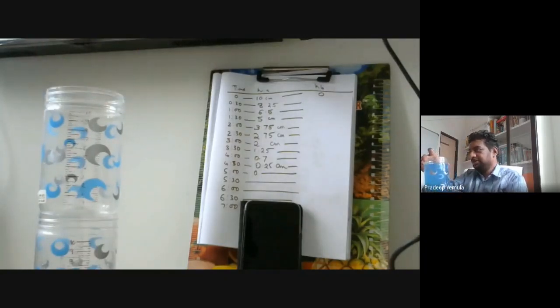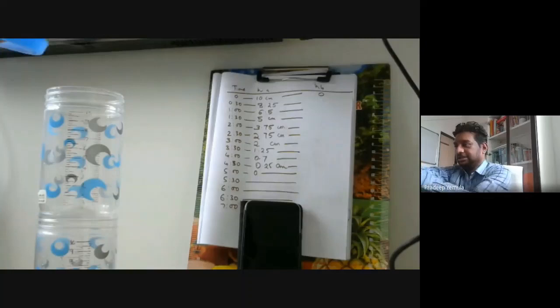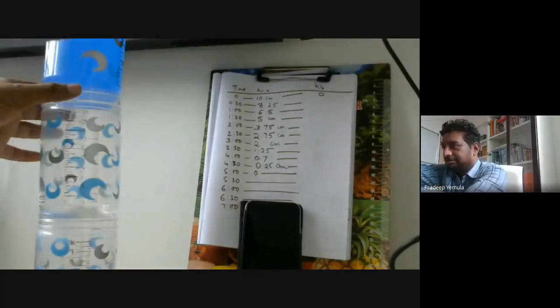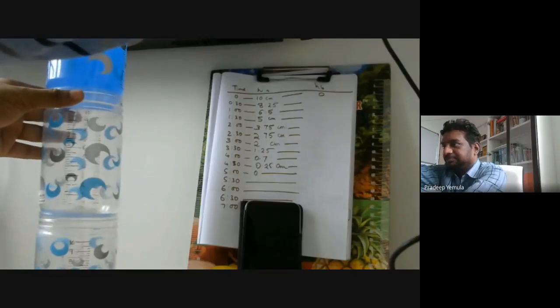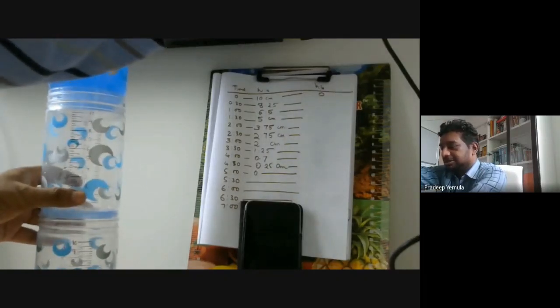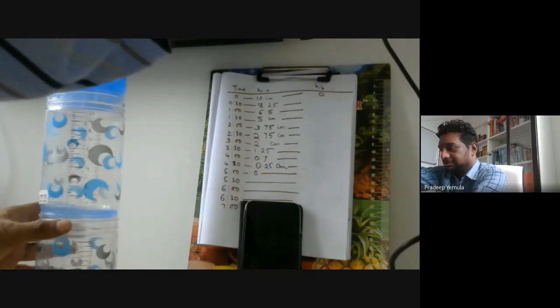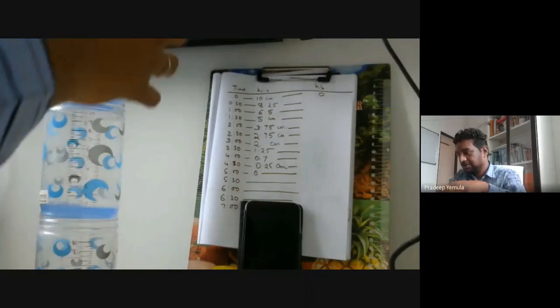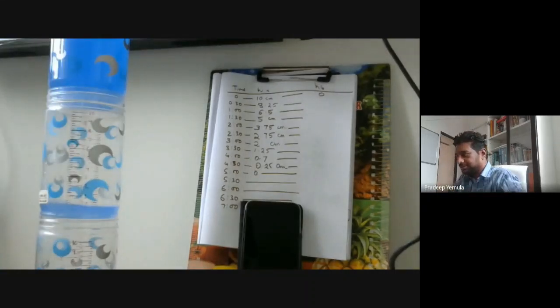And on top of it, I'll keep jar A. And I will start the timer when B is 0. So initially some extra water is there. Yeah, so now B touches 0. So I'll start the timer.